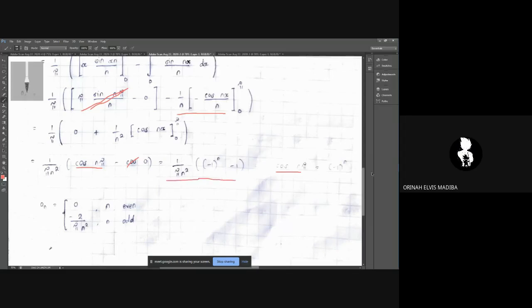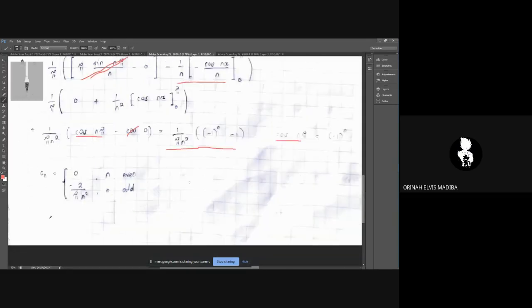And then we come and do this. Since n is a range of values from 1 onwards, we'll just take the first two, 1 and 2. When n is odd, for example n is 1, negative 1 remains negative 1.